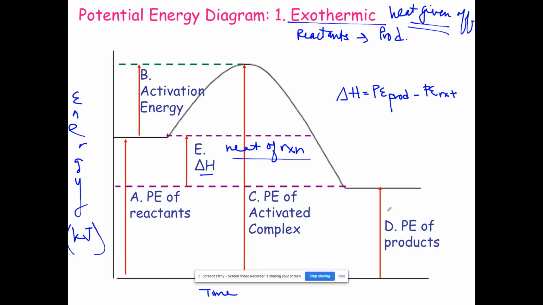But if you look, let's just say smaller number minus bigger number, it's going to give us an overall negative value. So delta H for an exothermic reaction is going to be negative. We're actually going to need, coming up, reference table I. It's on page 5, so if you want to grab that.